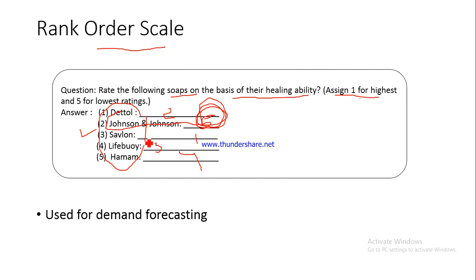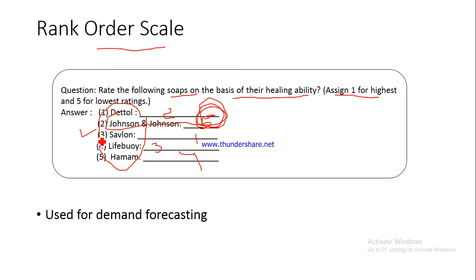So they rank Savlon as number 1 with regard to healing ability. Don't you think it will also lead to a greater probability of purchase of Savlon? Don't you think? Why?